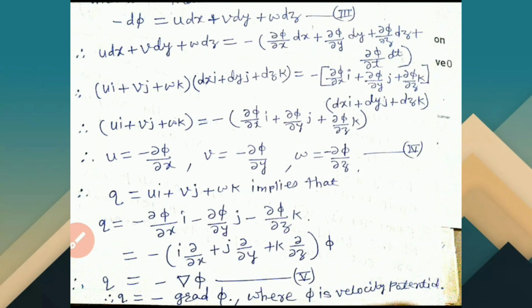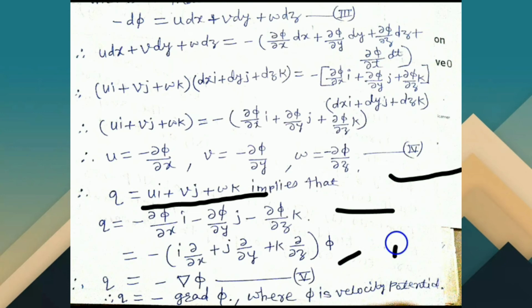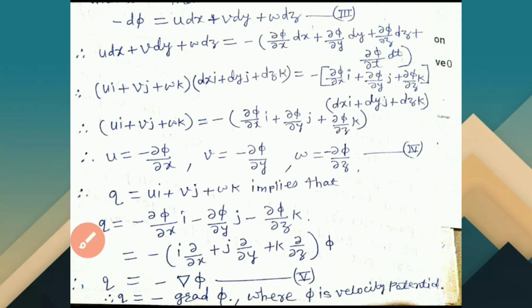From equation 4, this q is equal to ui plus vj plus wk implies this. So this can be written as, if we take phi common, i dou by dou x plus j dou by dou y plus k dou by dou z. But this is del, and phi is as it is. So q is equal to minus del phi, which is the equation 5.